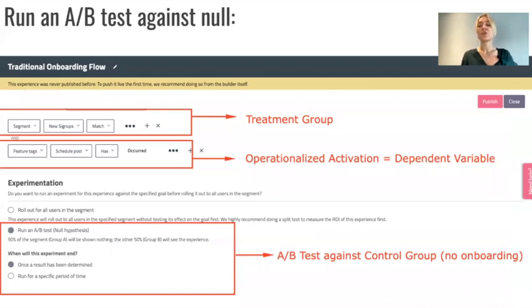Right. So as in the case of any experiments, you should choose the same treatment group. You should have the same operationalized dependent variable, so activation. And then you should just choose a different experimental condition. So, different variants of the same experience.